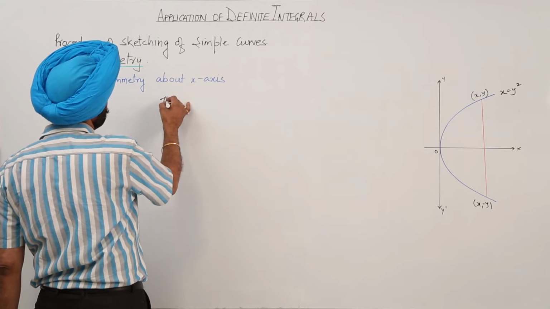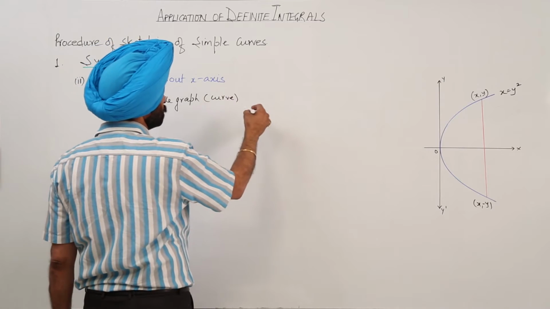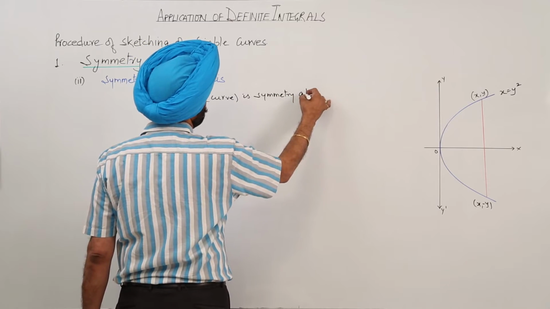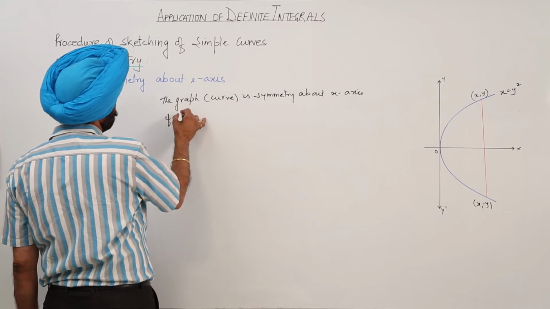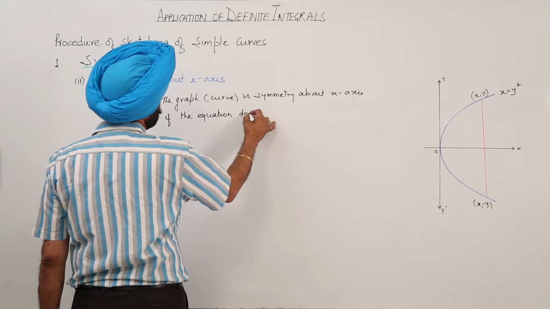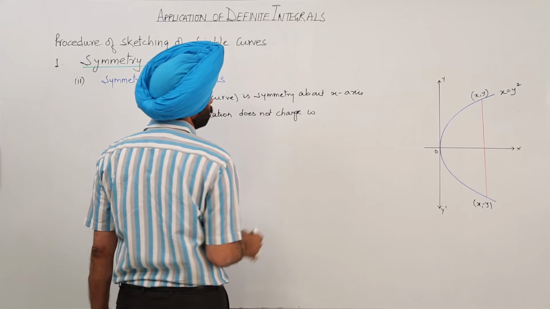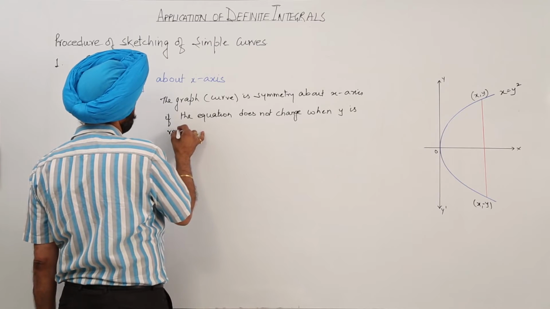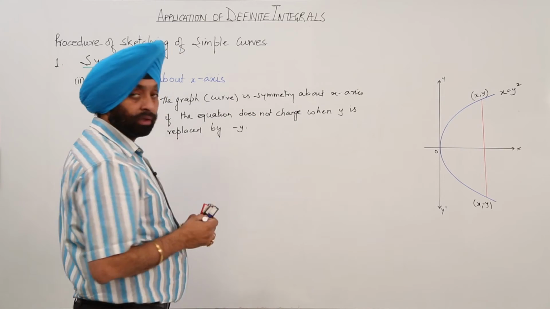The graph or the curve is symmetric about the x-axis if the equation does not change when y is replaced by minus y, that is, replaced by the negative of y.